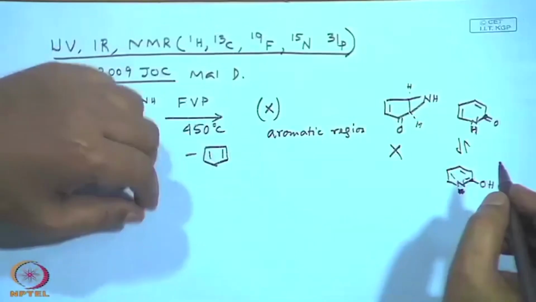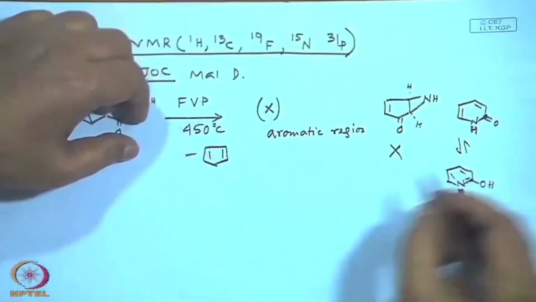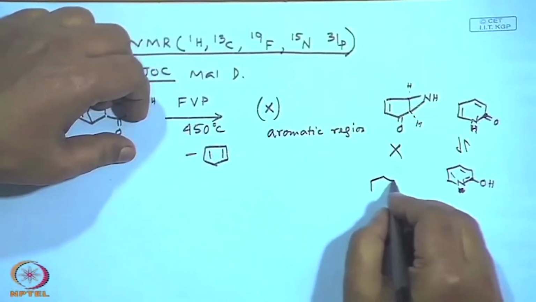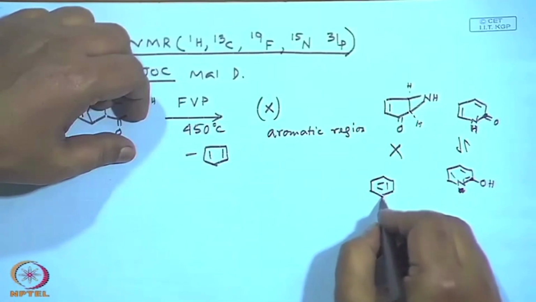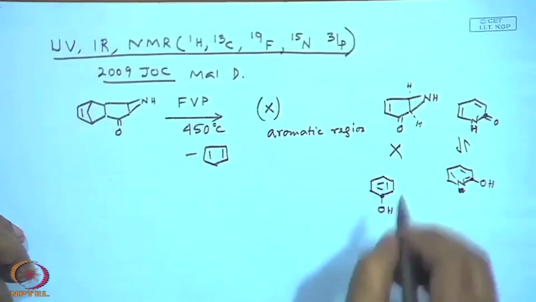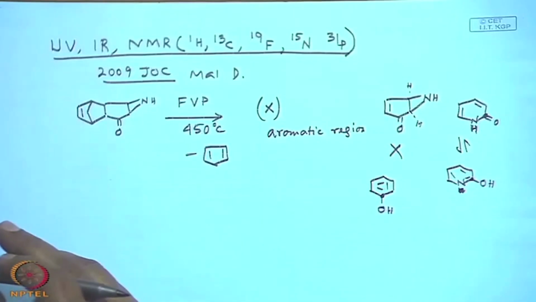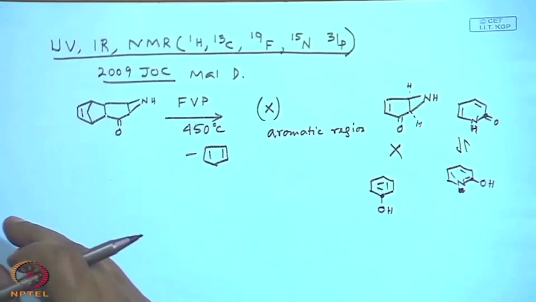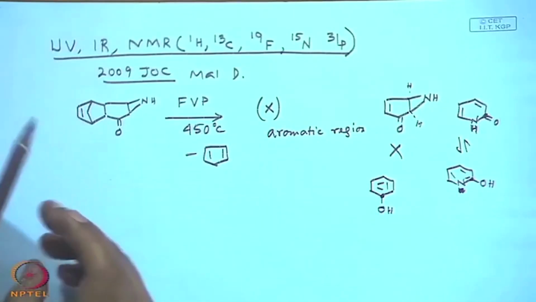For example, if you take phenol, what is the delta value of the carbon having the hydroxy? If you are a practicing organic chemist, especially the research scholars, you have to keep it in mind, roughly, not exactly.